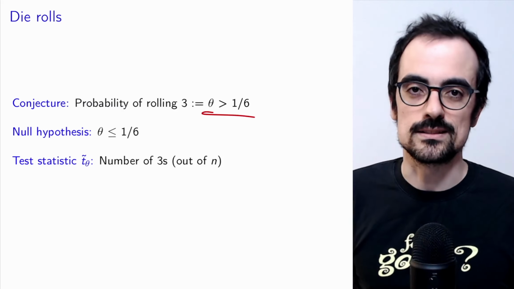The distribution of the test statistic is binomial under the assumption that the die rolls are independent, and we're going to assume that each die roll has the same probability of being a 3, which we call theta. Here we have this parametric distribution for our test statistic, so we're ready to compute the power function.